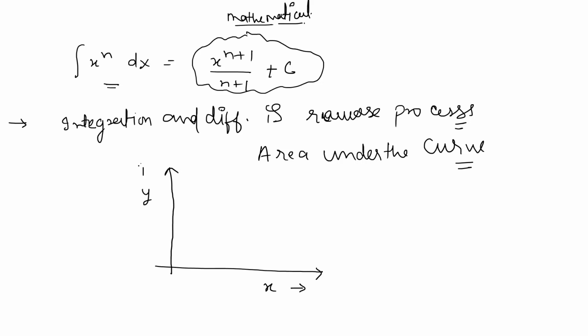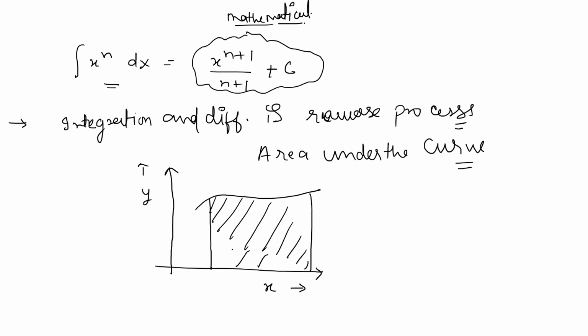Now our interest is to find the area which is covered by this curve from the x-axis. Now our interest is to find what will be the area of this shaded region.